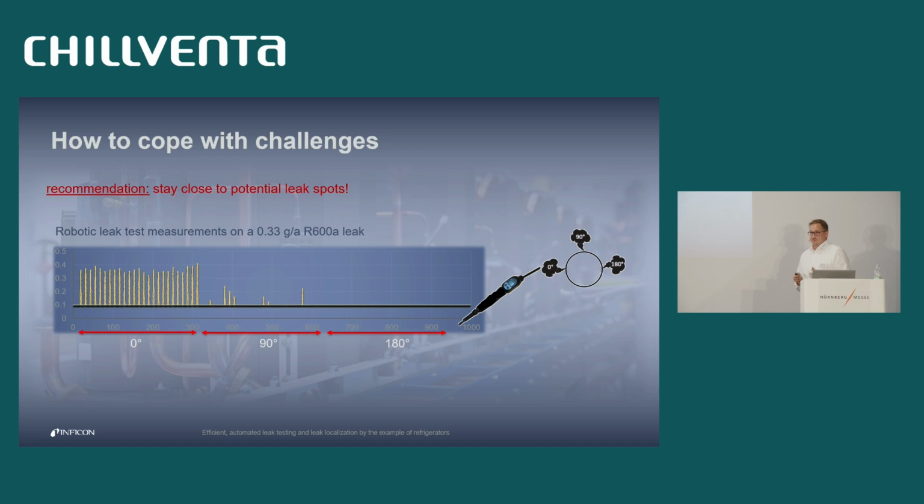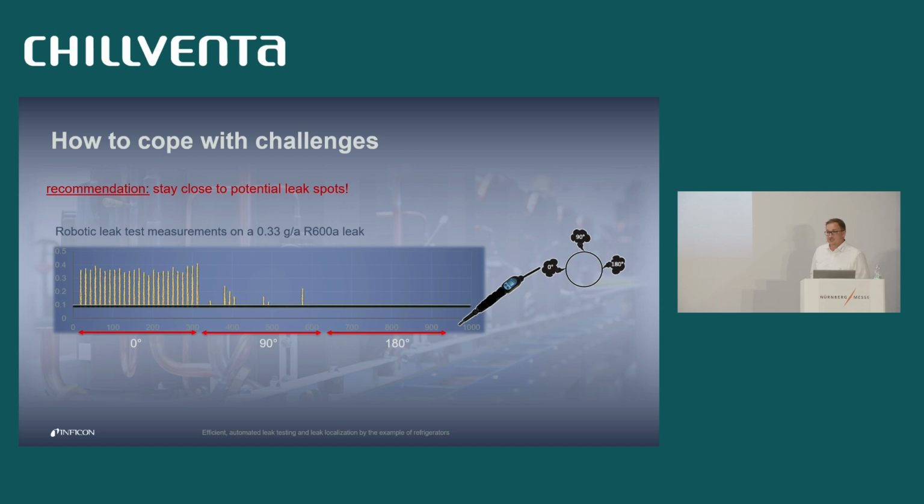Even if you have a system which is able to position the sniffer tip right in front of the joint, these scenarios can happen. And the test results you see here, with a leak of 0.33 gram per year, you will almost see nothing if the leak is not facing the sniffer tip.